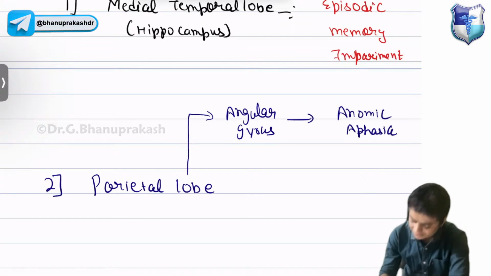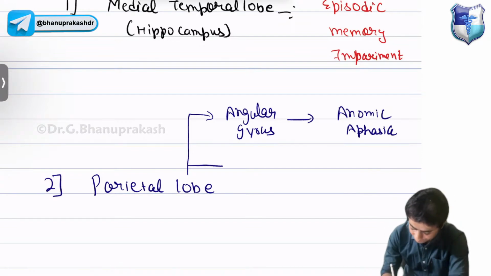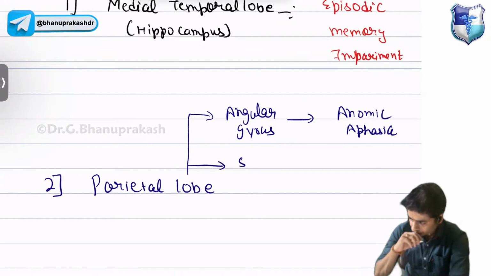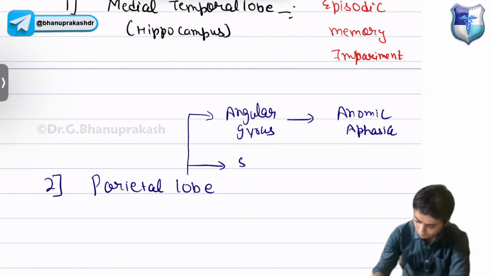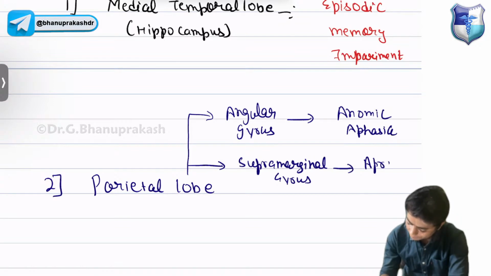After that, it affects your supramarginal gyrus, and it leads to apraxia.